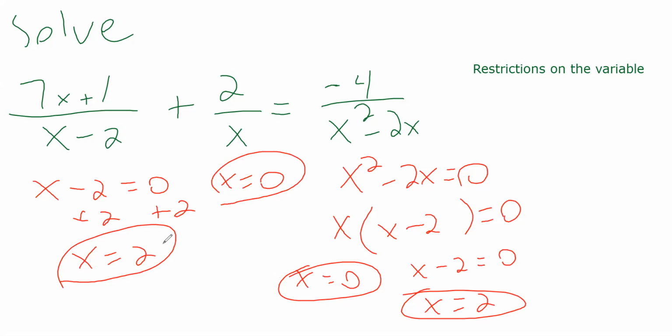So just by chance, it's redundant to say that x equals 0 and x equals 2 are restrictions, and so is this 0 and 2. They're the same thing. So at the end of the day, we only have 2 restrictions on the variable. We're going to say x cannot be 0 and x cannot be 2. Those are going to be our problem children.